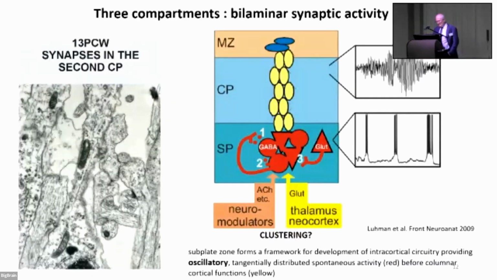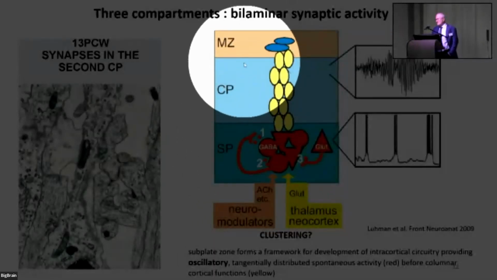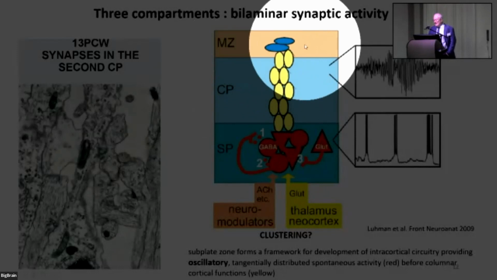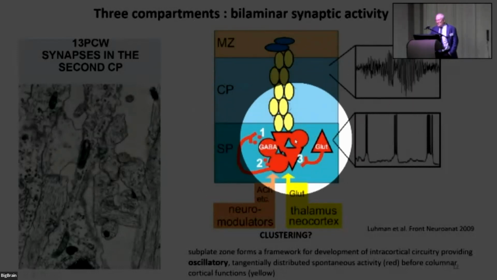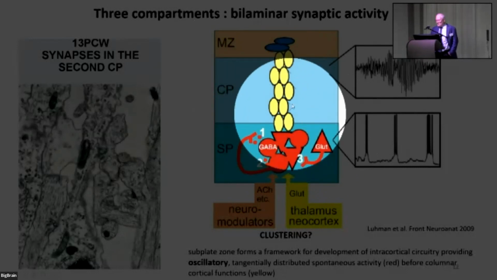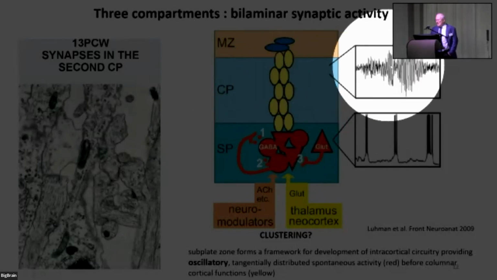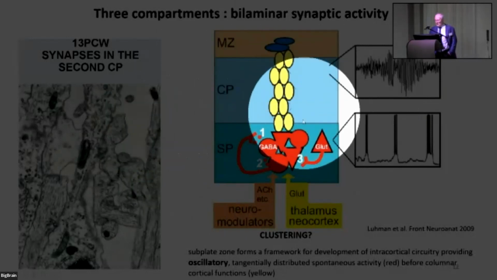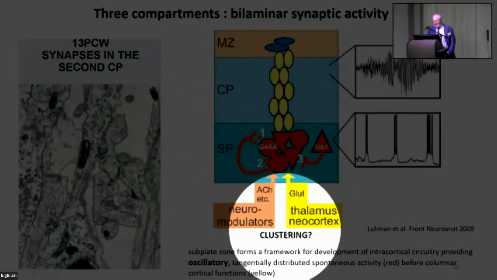synapse-rich layer. The question is how the experimental people who were doing this, like a group of Professor Luhmann, but before Carla Shatz and her group, they confirmed that, it was very complicated to record from immature cortex, but they confirmed that action potentials are located in subplate, and that cortical plate, which has these embryonic columns, is devoid of action potentials, and you have oscillatory activity with some hints of clustering.